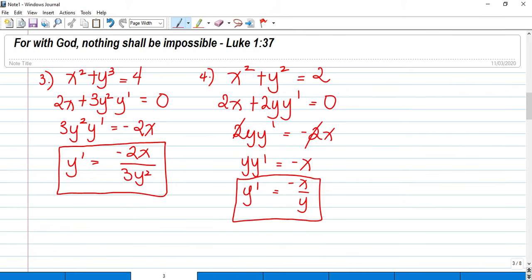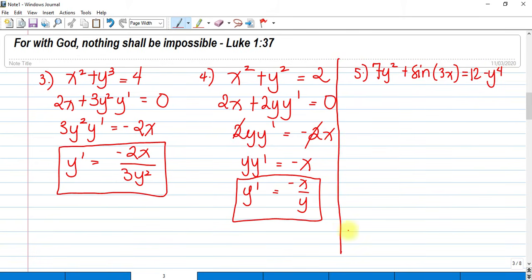How about number 5? We try to get the implicit differentiation of 7y squared plus sine of 3x is equal to 12 minus y raised to 4. So again, we have to differentiate it. We have 14y by power rule, and then we have y prime, plus the derivative of sine 3x.